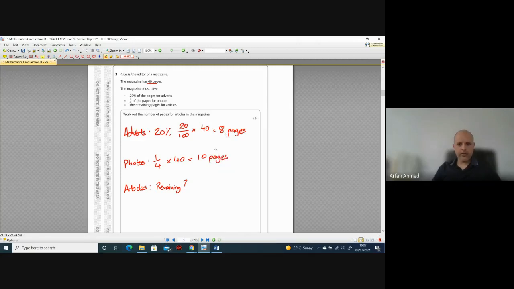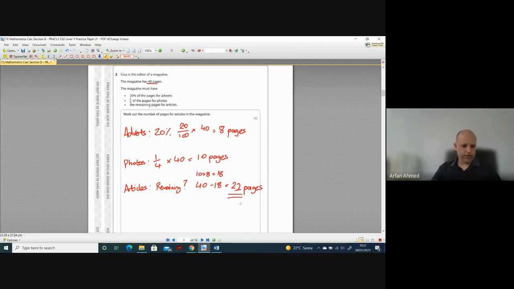So already we've got 10 plus 8, which gives you 18. If that's 18, the remaining must be 40 take away 18, which is 22. And there's your answer, 22 pages.